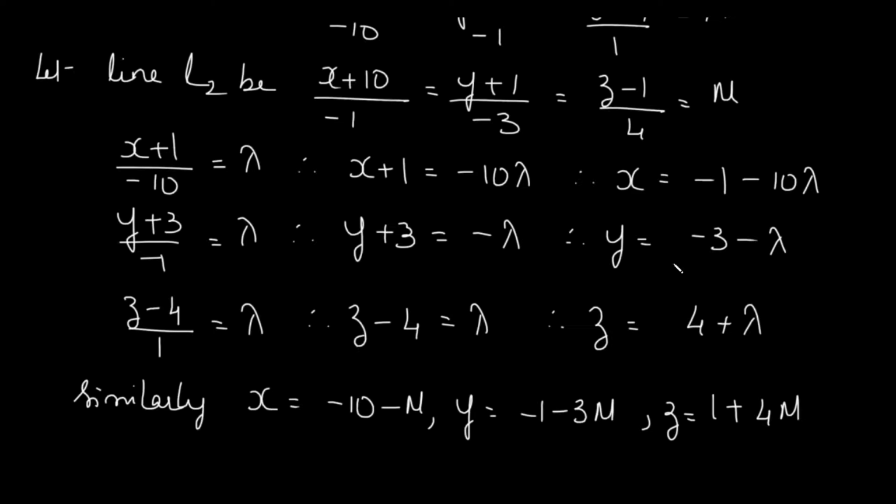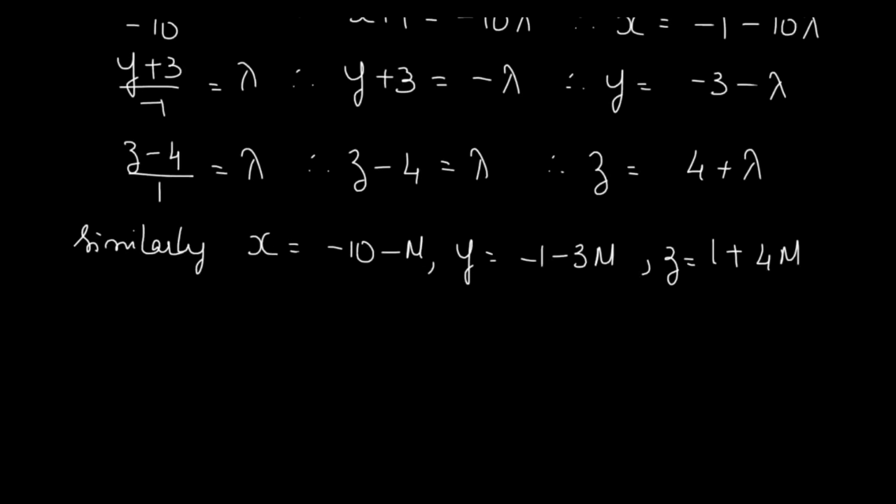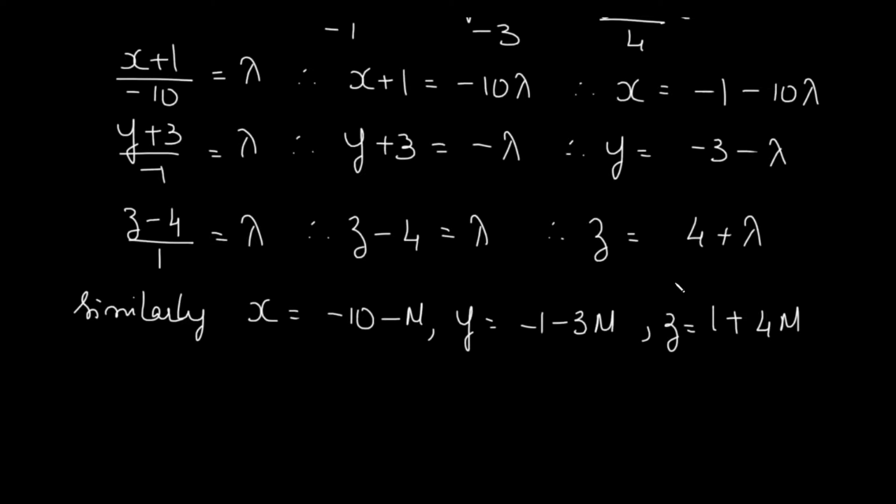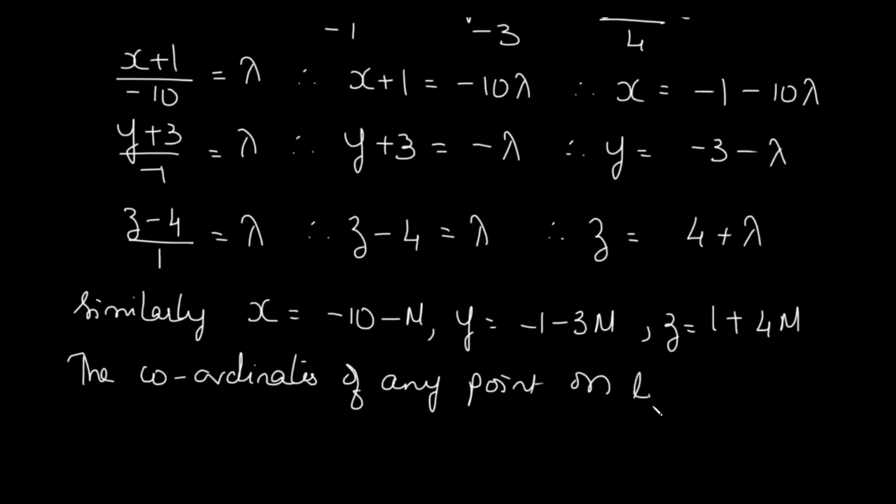Any point on L1 will have these three coordinates. So the coordinates of any point on L1, the first line, are minus 1 minus 10 lambda, minus 3 minus lambda, and 4 plus lambda.